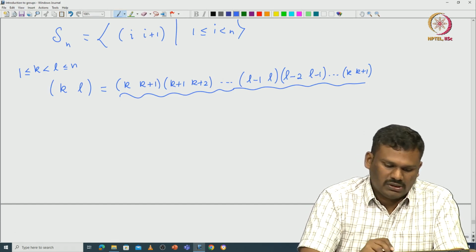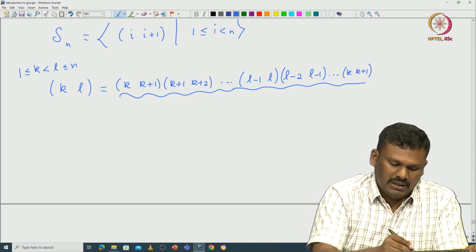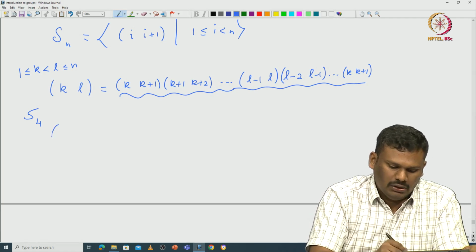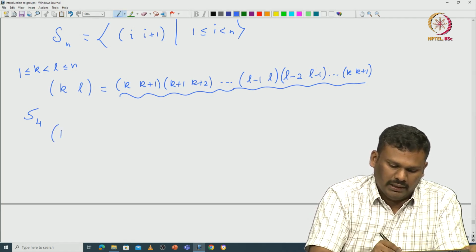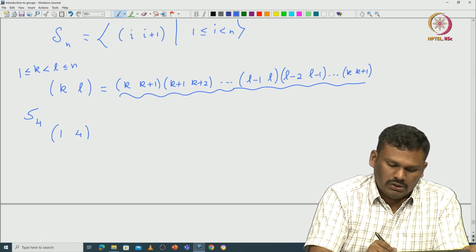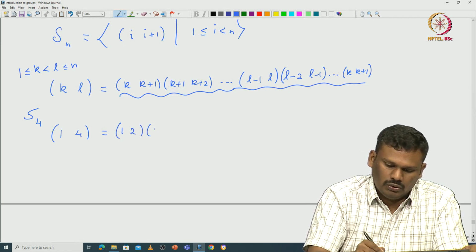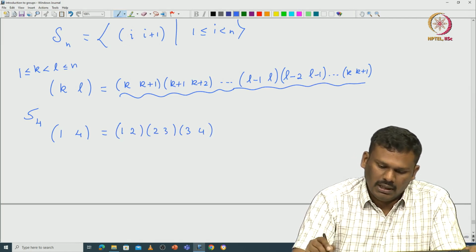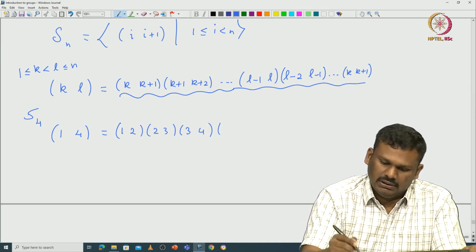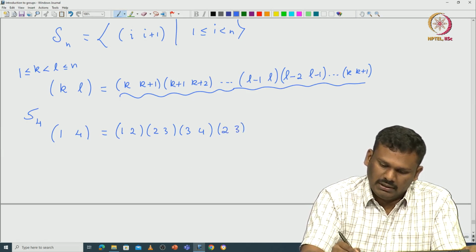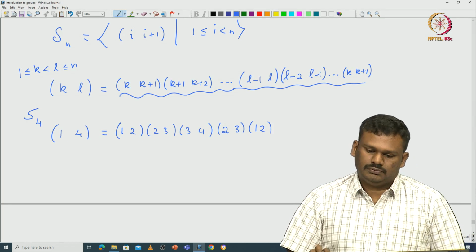Let us do an example and you can convince yourself that this is the case. Let us take S4 and do (1 4). What this says is exactly (1 2)(2 3)(3 4), and then you have to take, now, L minus 2, which is 2, and then 3, and you go one step down: (2 3)(1 2).